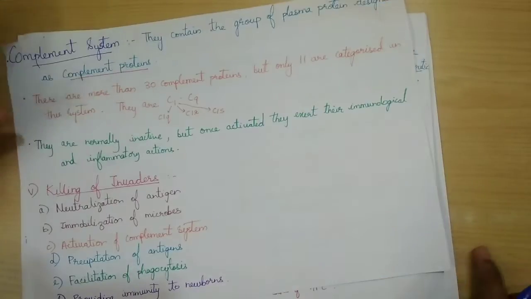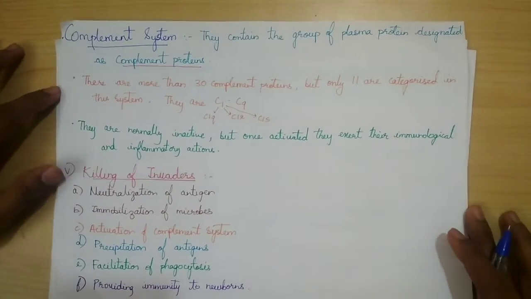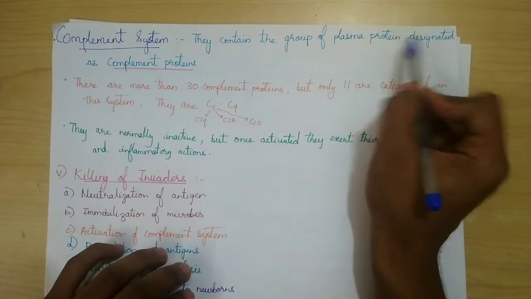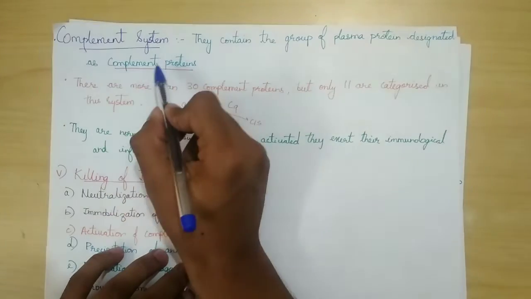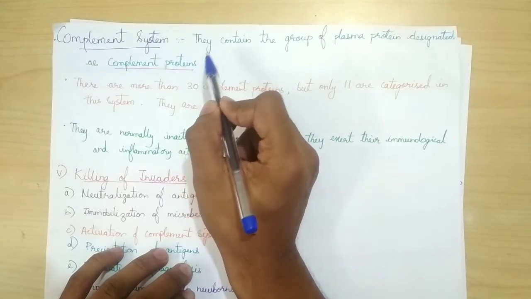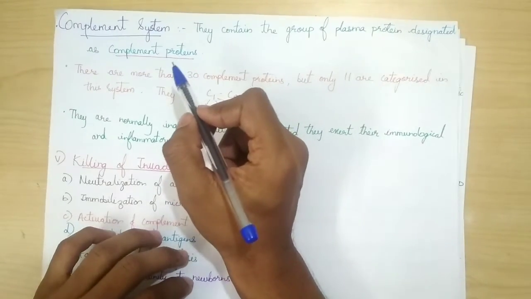Before going to the next step of the humoral immunity system, let's talk about the complement system. This system contains a group of plasma proteins designated as complement proteins. These are called complement proteins because they complement the action of antibodies in killing the microbes.